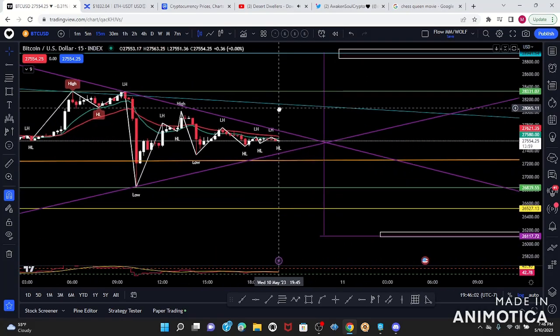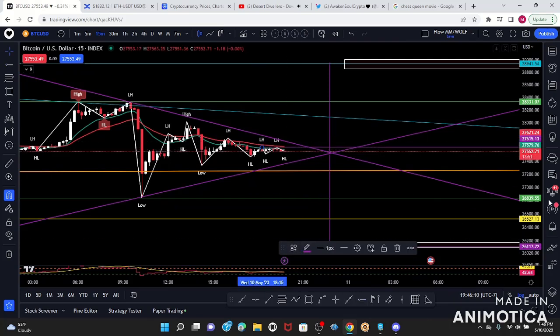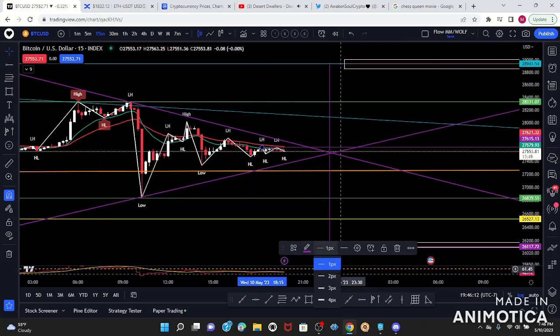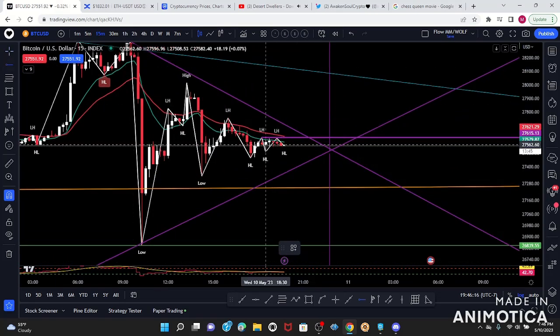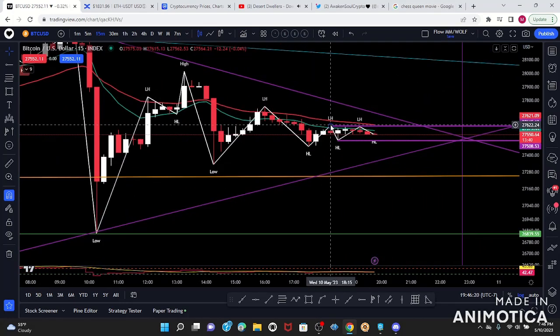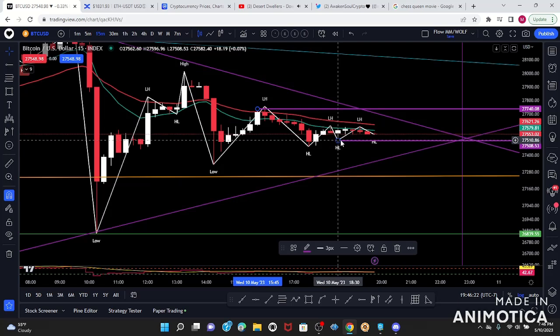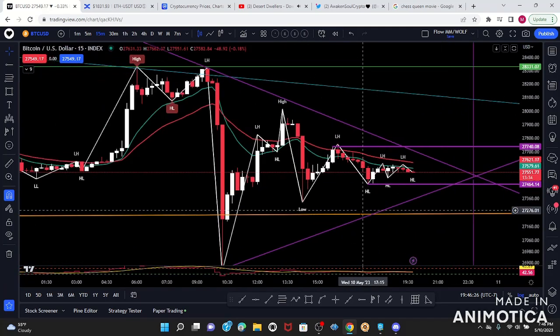I want to set a range, and I want to make sure that range breaks. My range in the 15 minutes is getting really tight here, so I would take the previous lower high and this, right? Getting really tight. That could be your range right here.